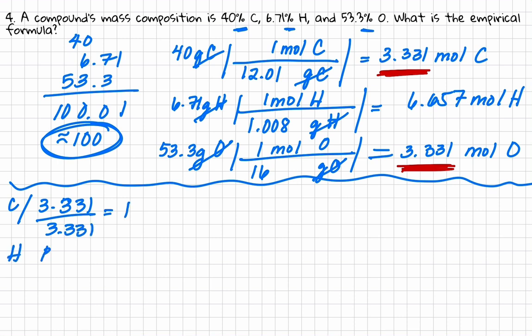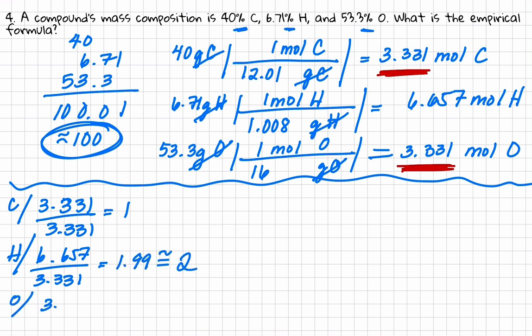Hydrogen is 1.99, which we can approximate to 2. Oxygen is going to be 1. Therefore, the formula is CH2O.